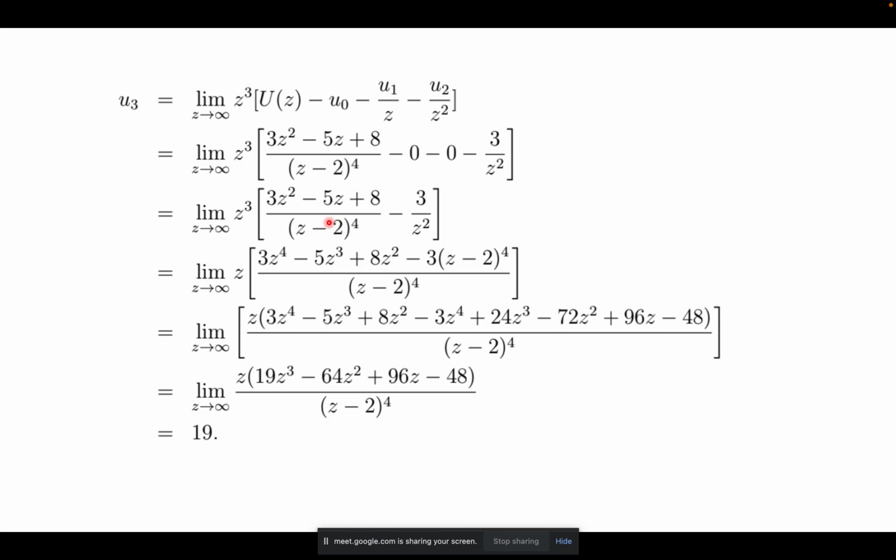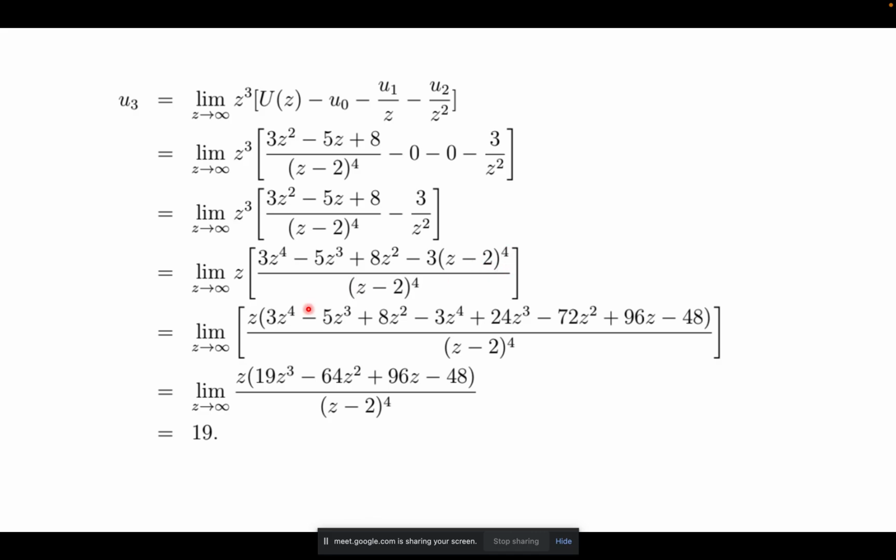Now if I try to resolve this, I will get z cube times (Uz minus 3 by z square). So I am again rewriting this equation like this. And now you can take the LCM. If you take the LCM here and rewrite this equation, the LCM will be z square times (z minus 2) power 4, and the z square will be cancelled by z cube, so you will be left with 1 z, and in the numerator you will get the following function: 3z4 minus 5z cube plus 8z square minus 3 times (z minus 2) power 4.